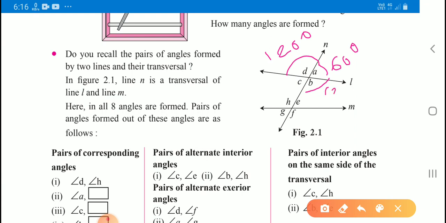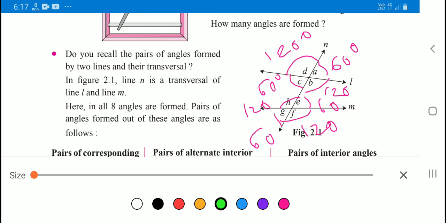It is also 120 degrees because angle B is opposite to angle D, and the angles which are vertically opposite to each other are congruent. Now A and C also, so here 60. Now the measure of H will come 120. E will come 60. This 120 and this one 60.